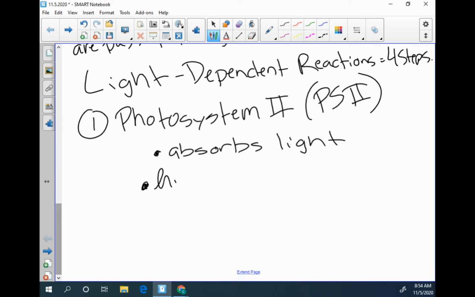We've got high energy electrons because that light was absorbed. We absorb that light, and that light raises the energy of electrons.